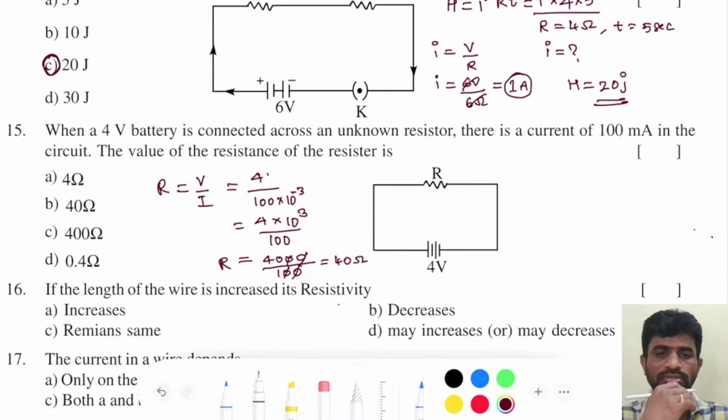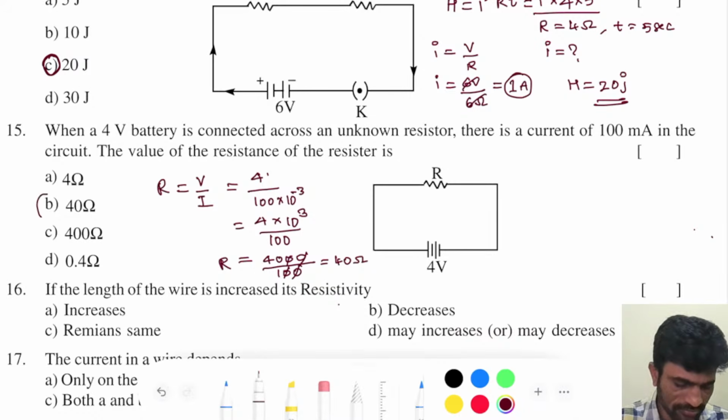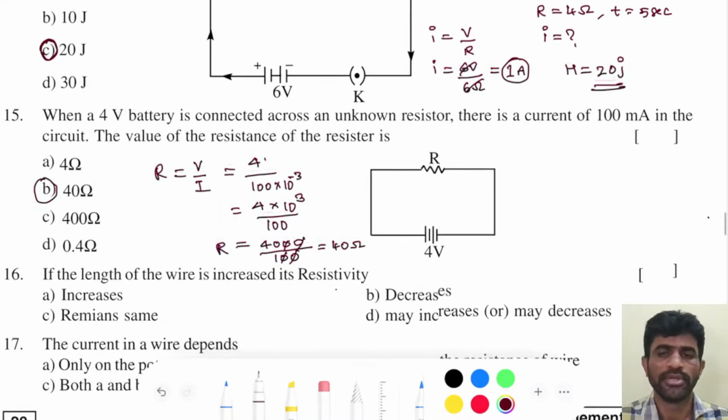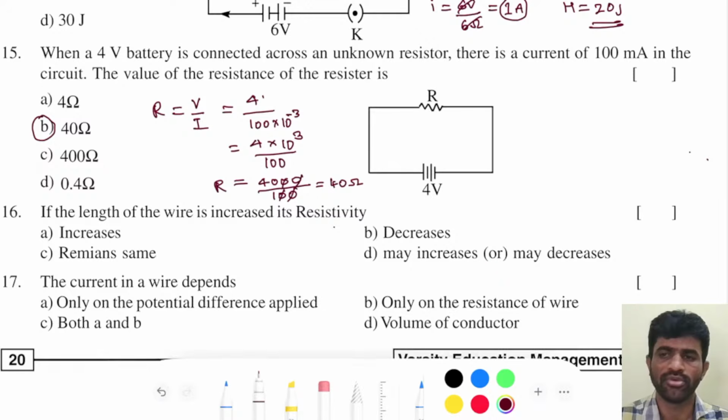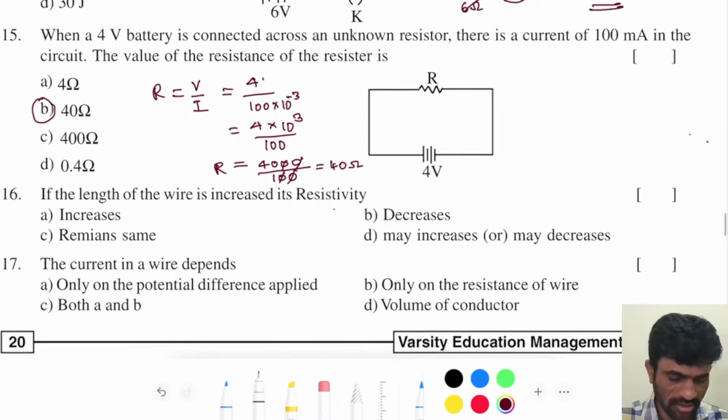R is equal to 40 ohms. Option B is correct. Milli means 10 to the power of minus 3. When you send this up, it becomes 10 to the power of plus 3. And 4000 by 100 is 40 ohms. Now next, see question number 16.